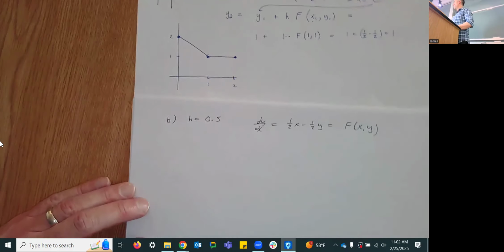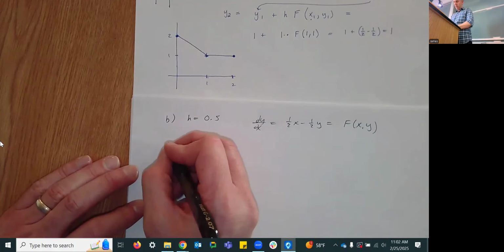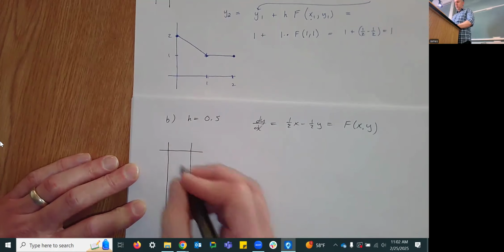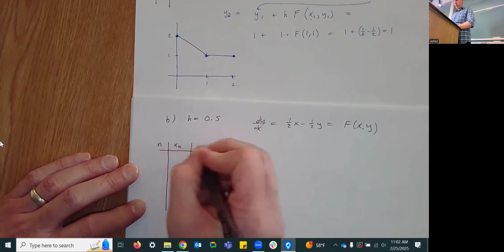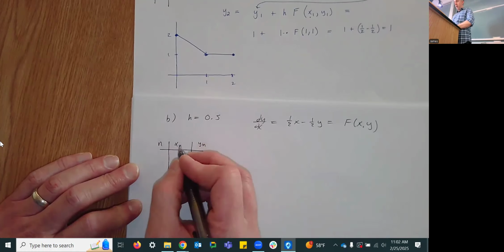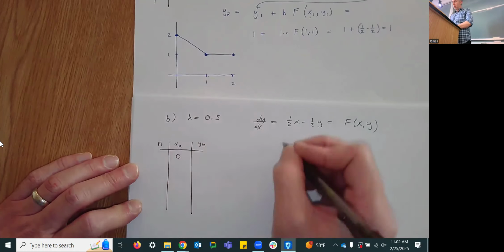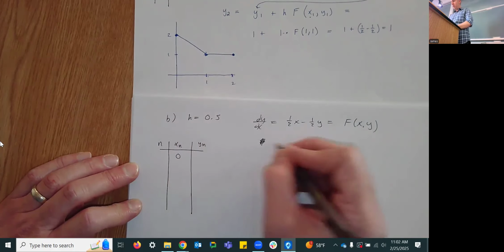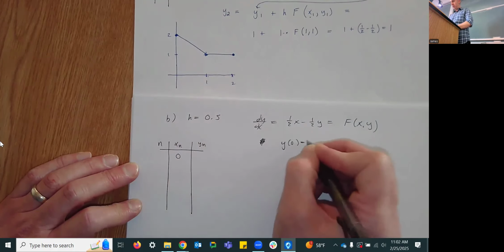And I didn't do something in this previous one that I maybe should have when I was writing my table out, which is that I like to write all the x values right away. So I've got my n, my x sub n, my y sub n. We know that our x sub n is going to start at 0 because we know that y of 0 is equal to 2.